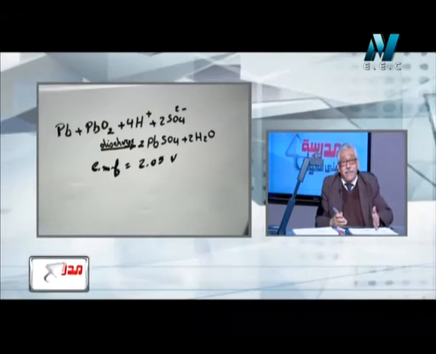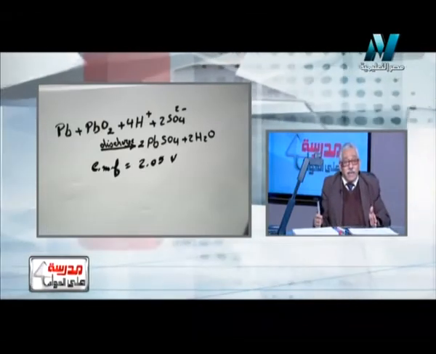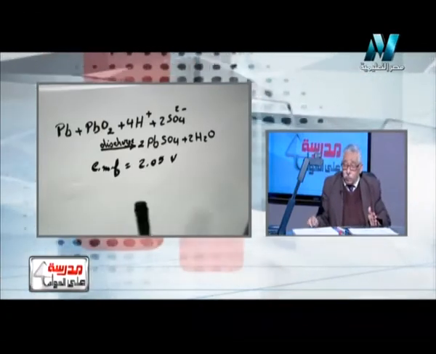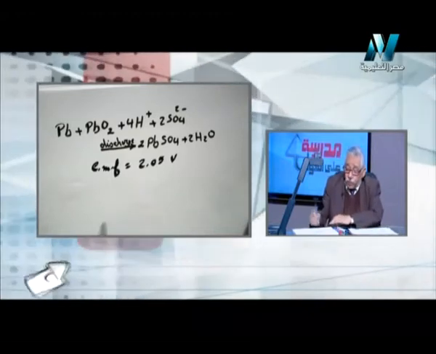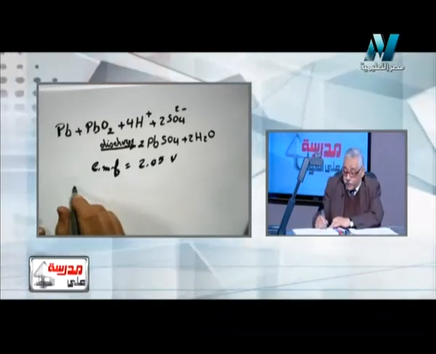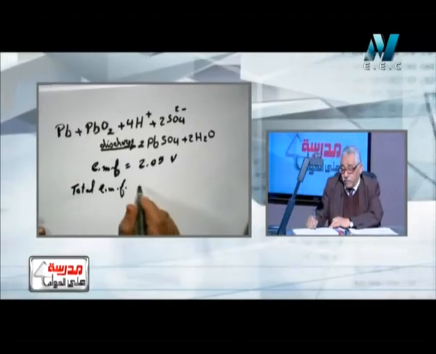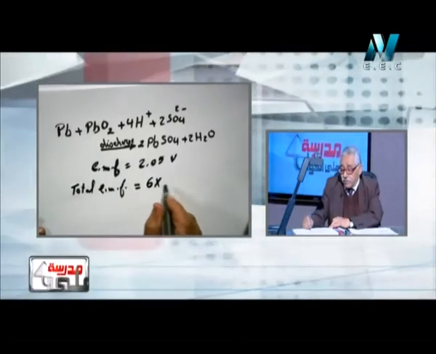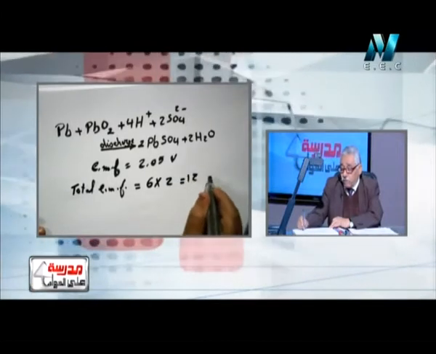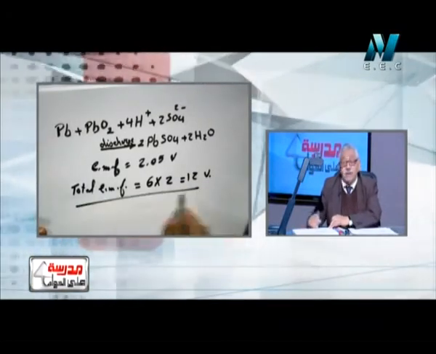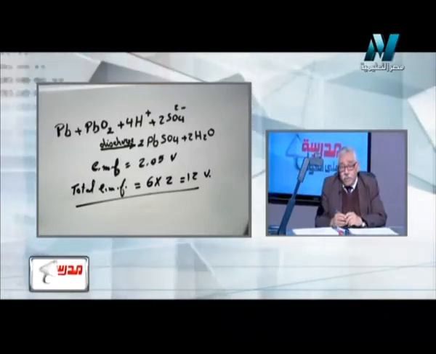We have 6 cells in the battery, so the total EMF of the battery is 6 times 2 equals 12 volts. This is about the discharge of the battery.